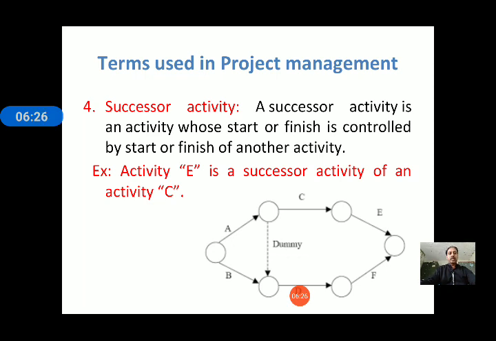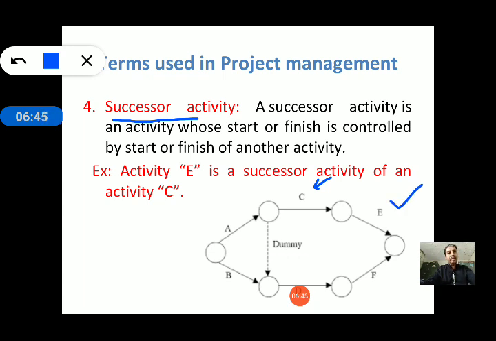Now the fourth one is successor activity. Through this diagram we will understand. Consider activity C. For activity C, activity E is the successor activity. What is a successor activity?